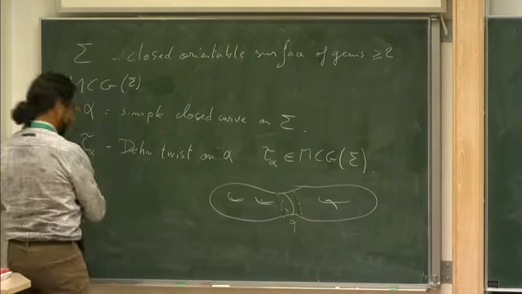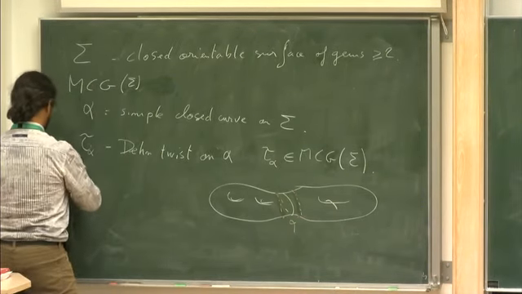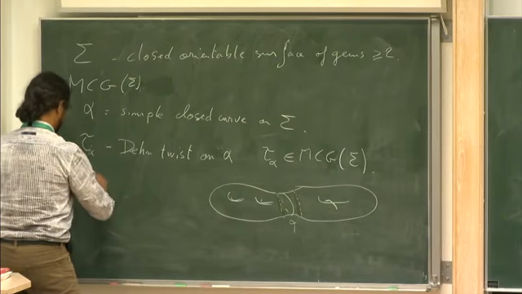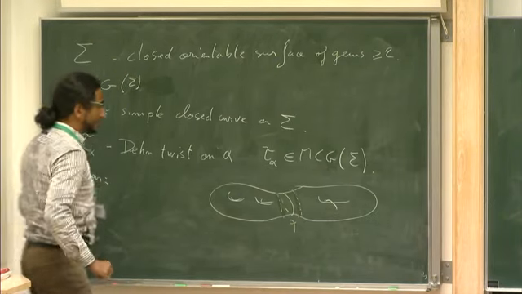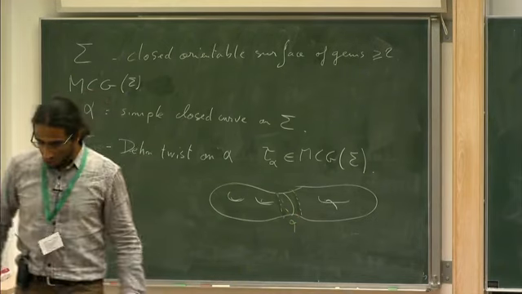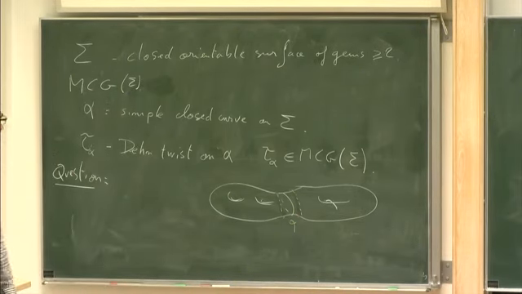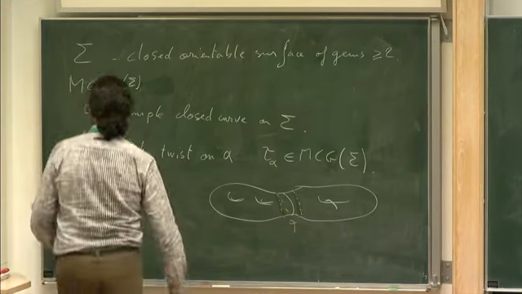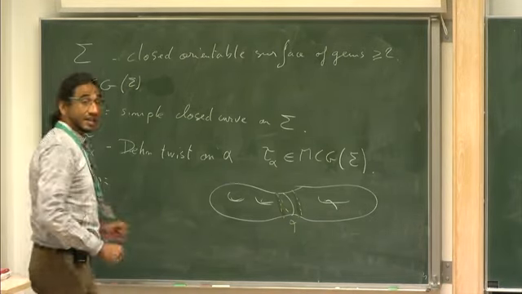So the question is, what does the normal closure of tau alpha look like in the mapping class group? But that's not a very interesting question asked like that.